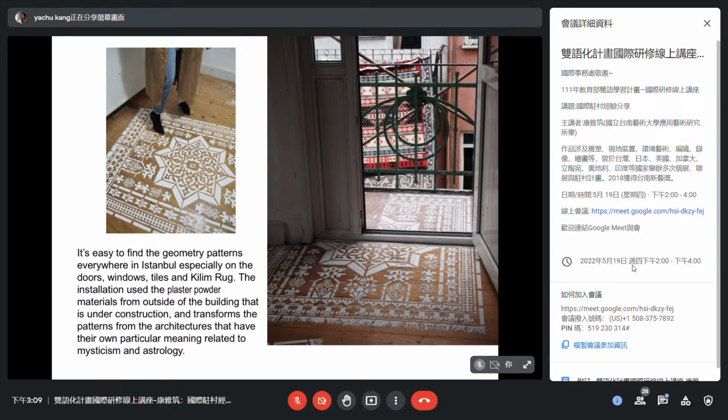The installation used plaster powder material from outside of a building that is under construction and transformed the pattern from the architecture, which have their own particular meaning related to mysticism and astrology.